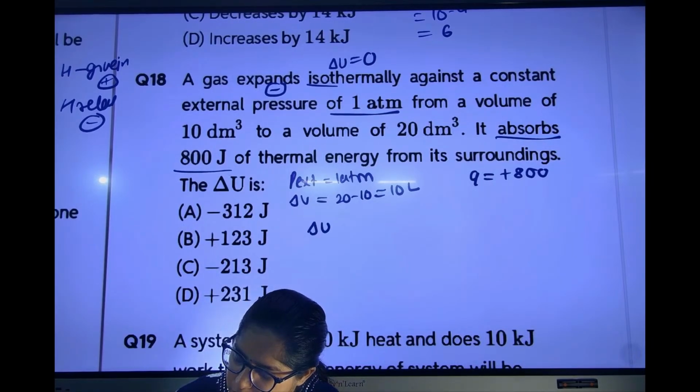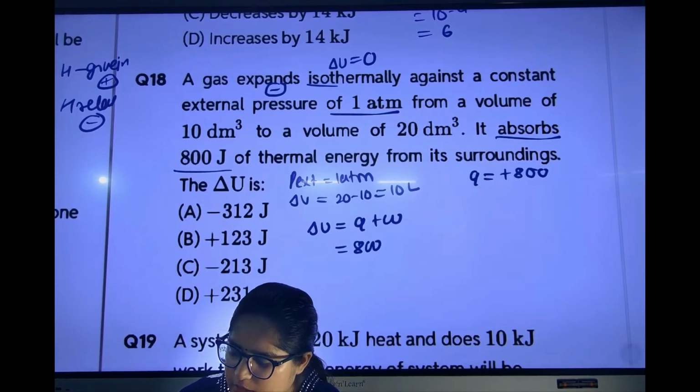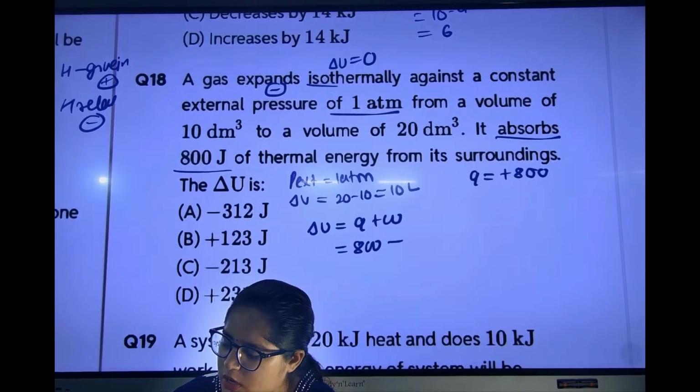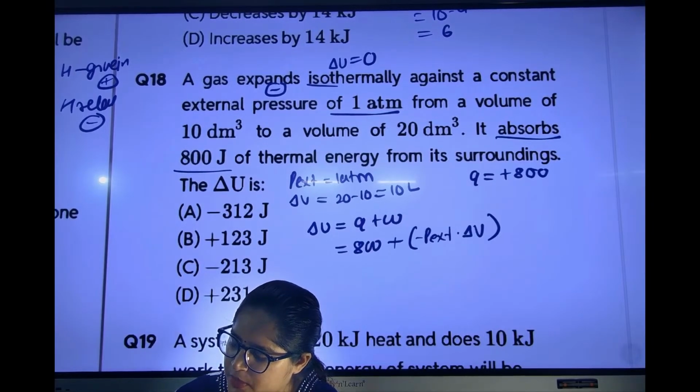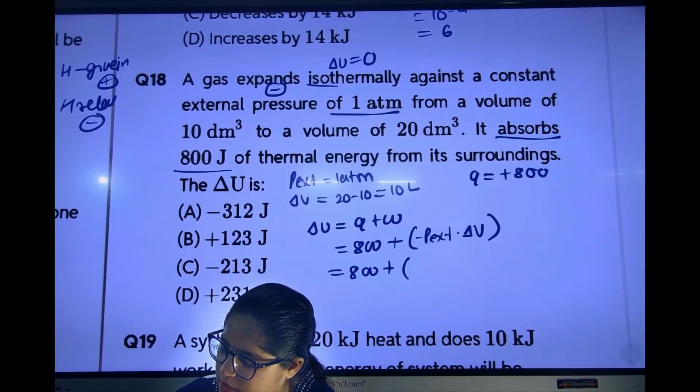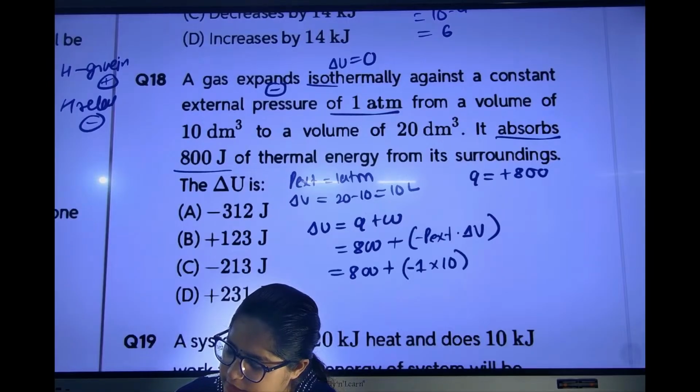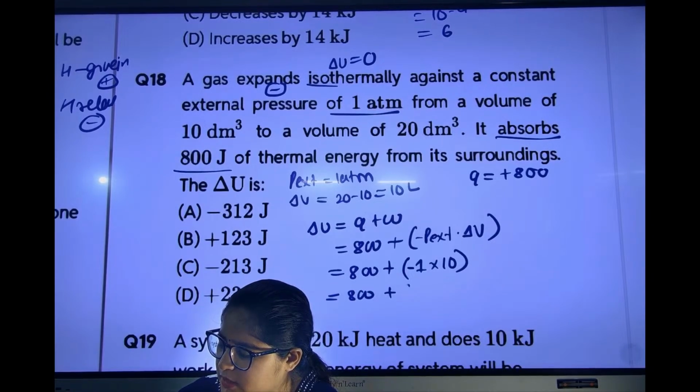So delta U will be equal to Q plus W. Q is 800. W is not given, let us find out. How to find W? Minus P external into delta V. So 800 plus minus P external, which is 1, into delta V, which we have calculated as 10. So how much will we get? 800 minus 10.